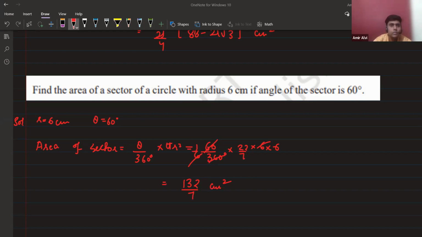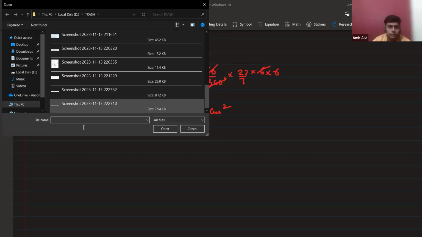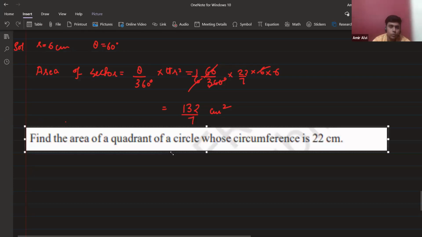Okay, we have 4 minutes here, so we can also do one question. It's an easy one again, but with a little bit of a twist. Do this question. Circumference is given. We have to calculate the quadrant area.